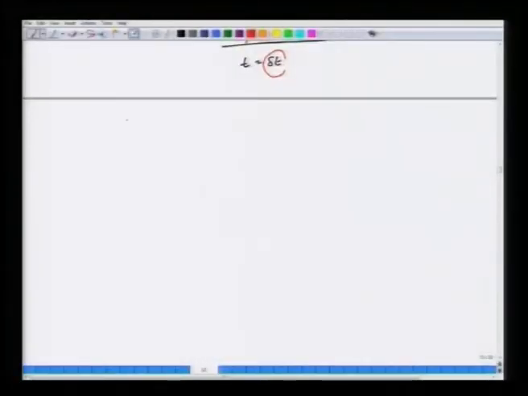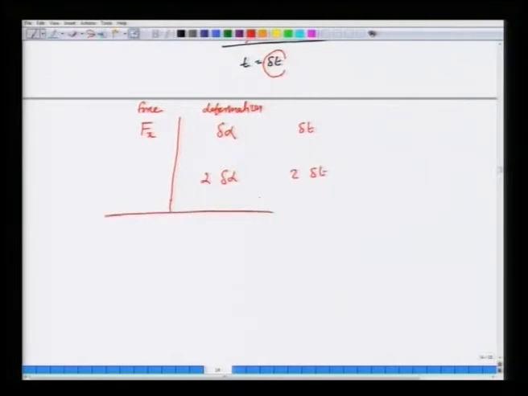For force F x, this is the applied force, this is the deformation that one gets, as we measure through the angle: delta alpha at time delta t, 2 delta alpha at time 2 delta t, and similarly if you apply 2 F x, you get 2 delta alpha at delta t itself.